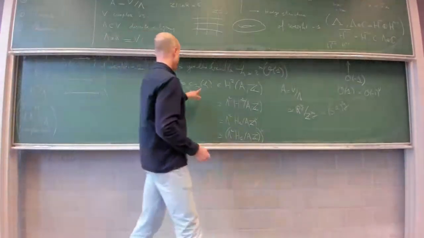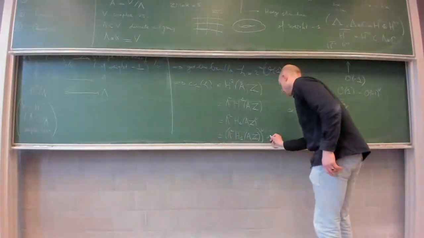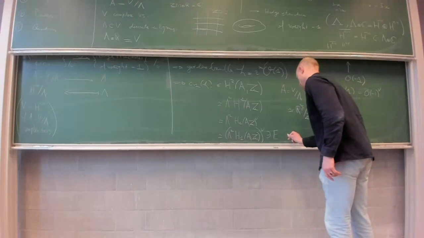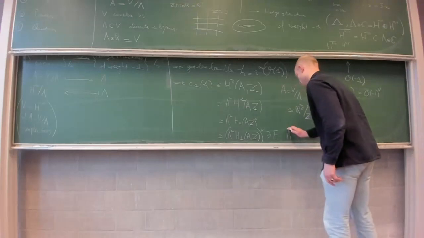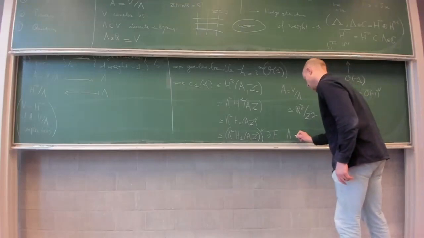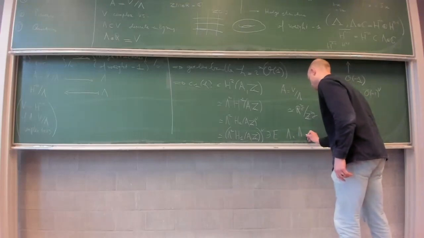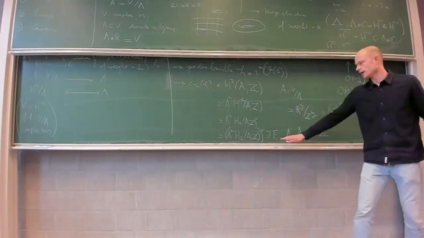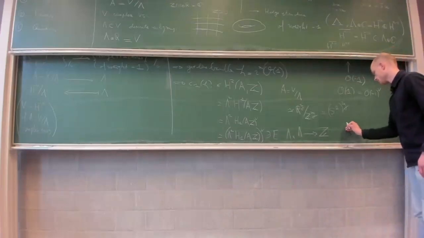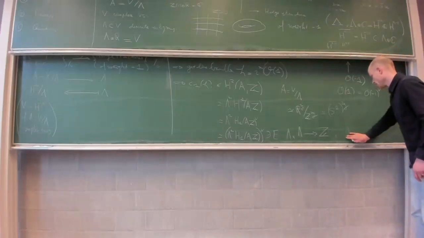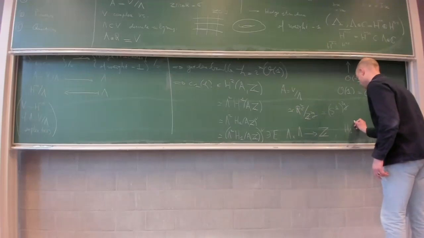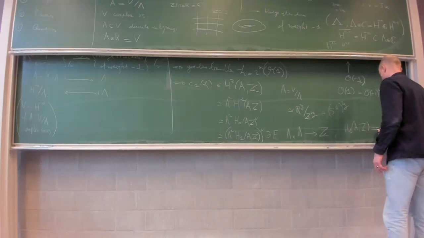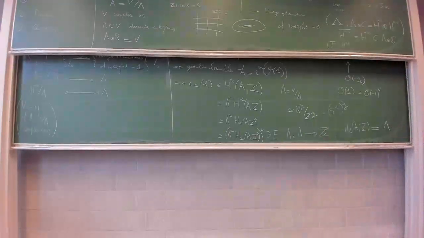Why am I saying this? Well, now to our line bundle, we can associate an element here, which is some alternating form on lambda. And why on lambda? Well, here one observes that H_1 of A is canonically isomorphic to lambda.